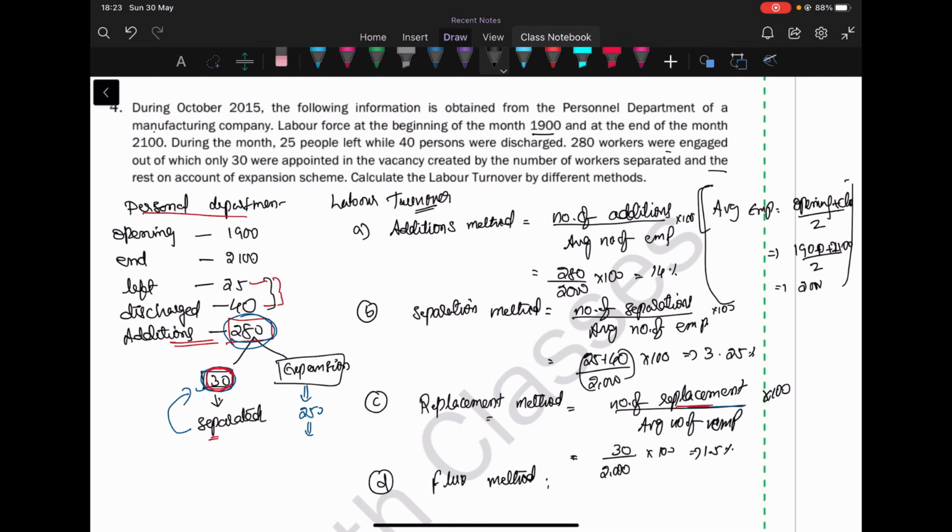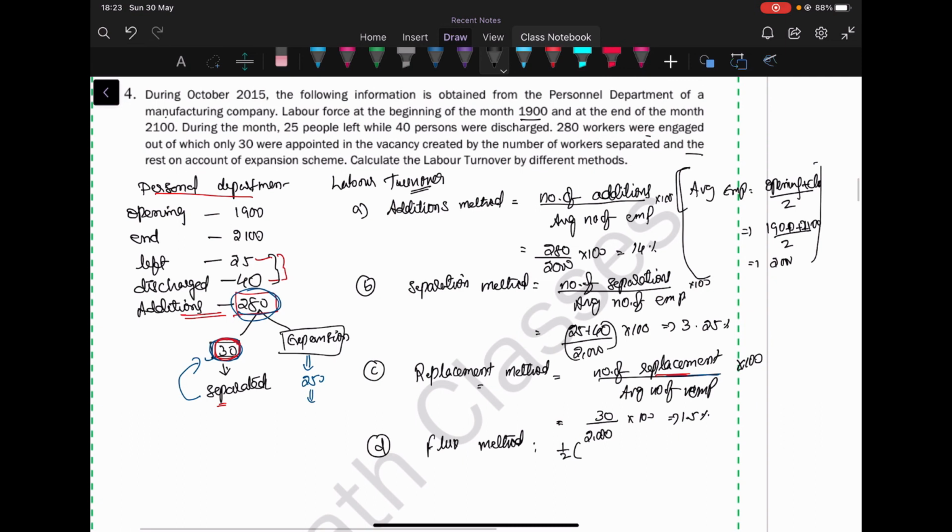The formula is the average of number of additions plus number of separations, that is, number of additions plus number of separations divided by the same average number of employees during the period, into 100. So half of the number of additions plus separations.